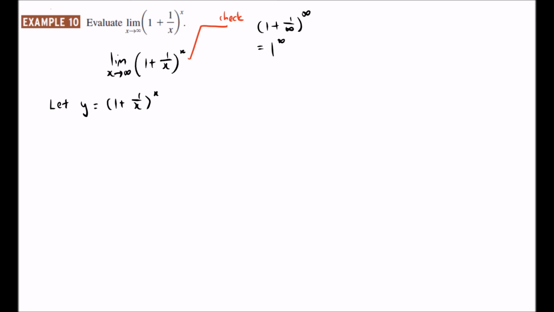So ln y equals ln of 1 plus 1 over x power x. So bring down the power, ln y equals x ln 1 plus 1 over x. Therefore y will be e power x ln 1 plus 1 over x.